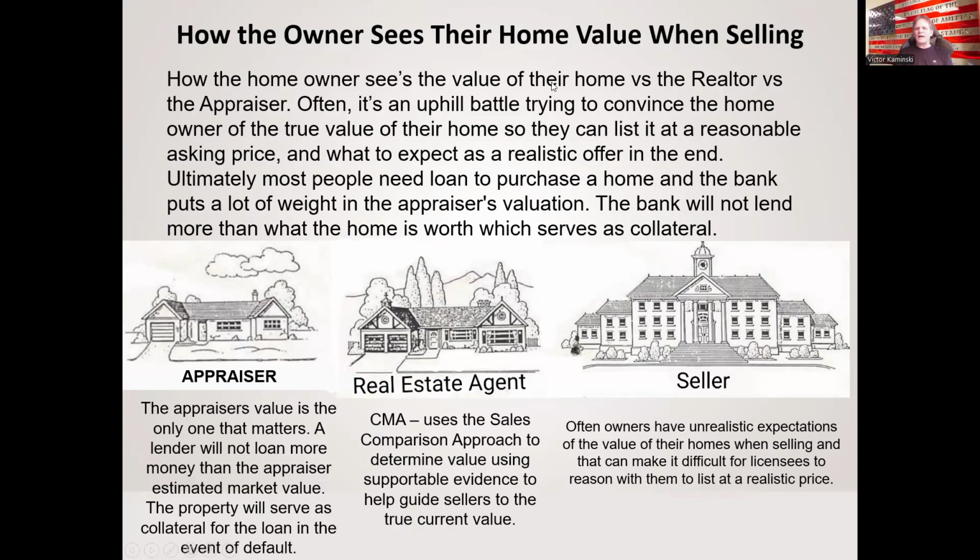Now, the only one that really matters ultimately is the appraiser's valuation, because the buyer is most likely going to be getting a home loan to purchase this property, and they're not going to get that loan unless the appraiser says that it's worth the amount you're purchasing it for, because the bank's not going to lend more money than the collateralized property, or the property that's supposed to be used as collateral for the loan. So their valuation is the only one that really matters.